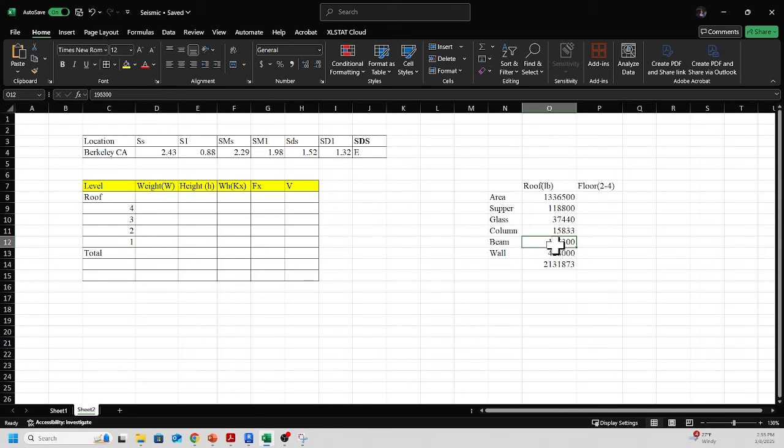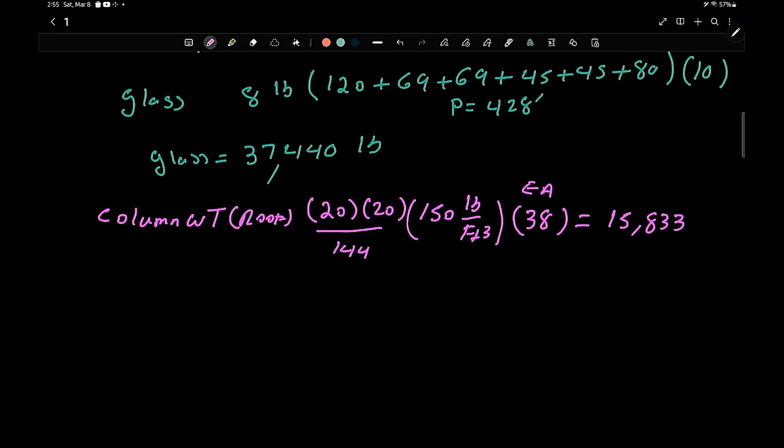Let's do the beam. Let's say the beam is 12 by 24.